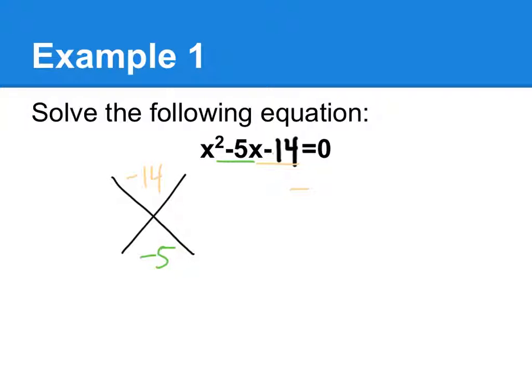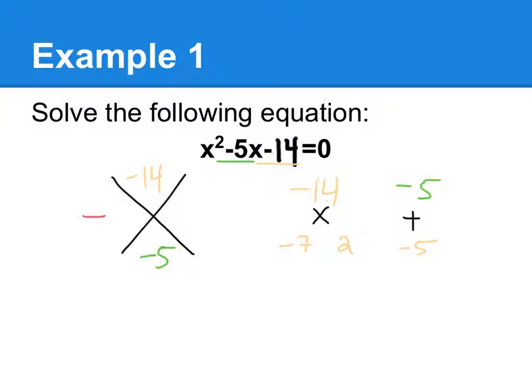Now we want two numbers that when you multiply them, you get negative 14, but when you add them, you get negative 5. I can think of negative 7 and positive 2. Negative 7 times positive 2 is negative 14, and negative 7 plus positive 2 is negative 5. So that's it, negative 7 and positive 2.